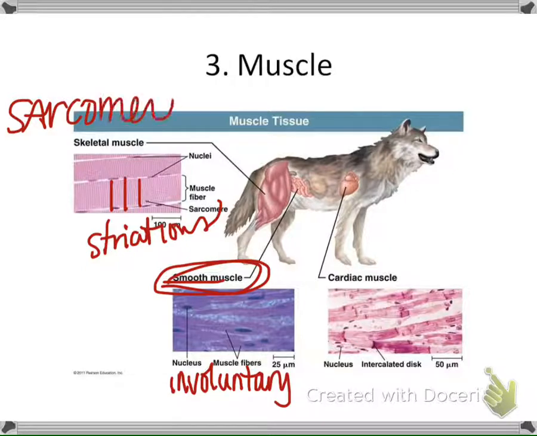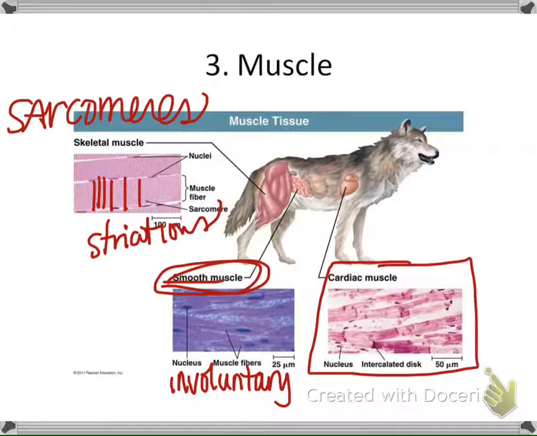These are the contractile units that give you that striped appearance again. And when you build muscle, that increases the size of your muscle fibers, but not the number of your muscle fibers. That is fixed.